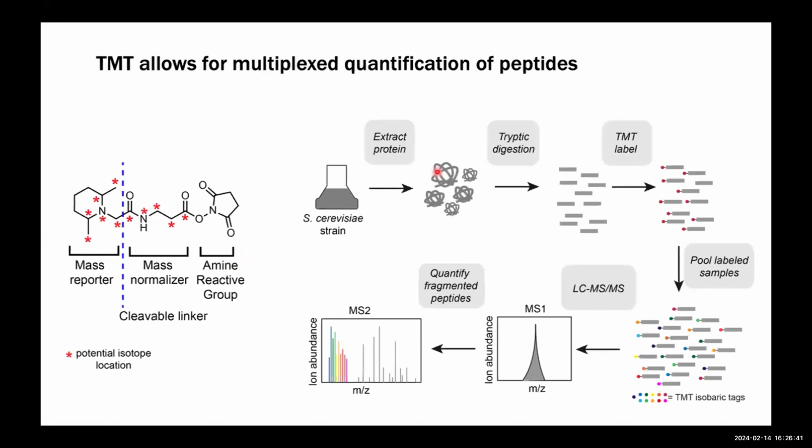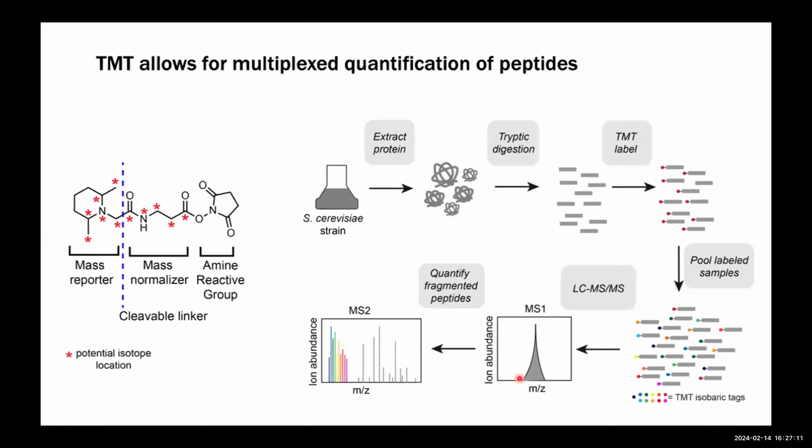So in the context of an entire proteomic workflow, this involves growing my yeast, extracting the protein, digesting it with trypsin, and then I can label that particular strain with a particular TMT label, and pull together the protein from 11 different samples where each sample has a different tag. And then a peptide will all have the same mass during the first round of mass spec.